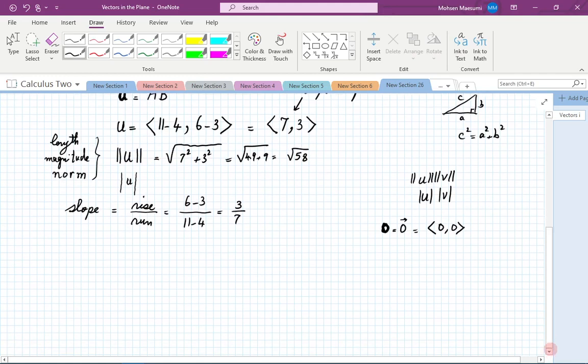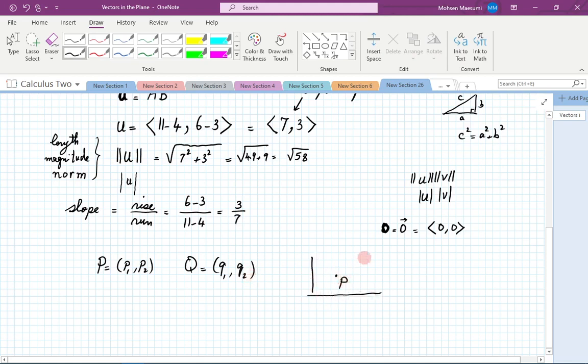Let's just refresh our memory. If I have a point P whose components are P1 and P2, and a point Q whose coordinates are Q1 and Q2, so I have such a situation.